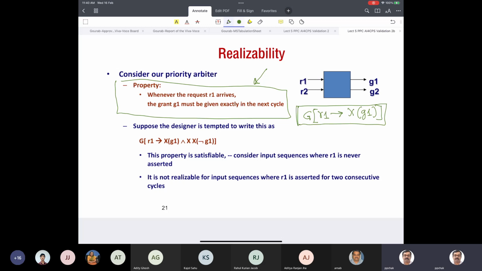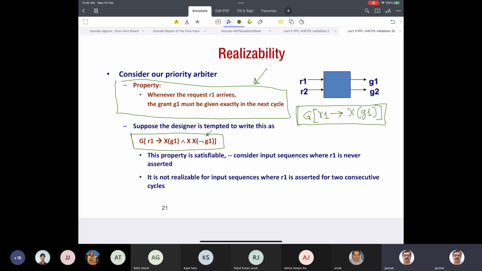But suppose somebody wrote it as this. What does this say? That if R1 is true, in the next cycle G1 is true, and what does the second term signify? The next step, G1 is not true.